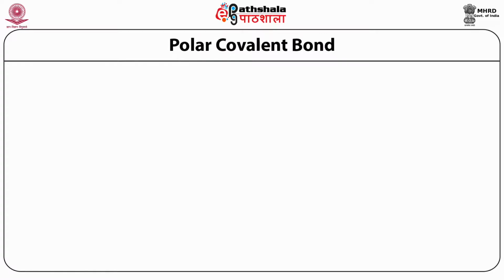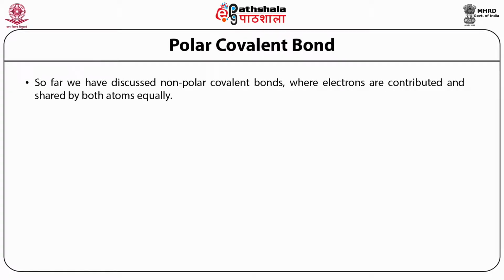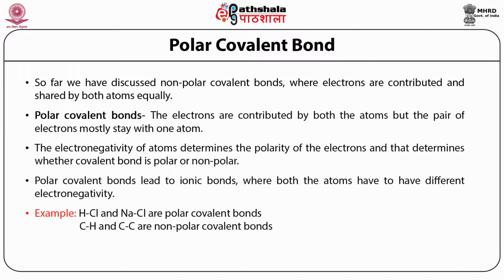Polar covalent bond. So far what we have seen is where electrons are donated by two atoms and shared by two atoms. But polar covalent bonds are similar to covalent bonds, where electrons are contributed by both atoms, but these electrons are majorly shared by one atom, and that becomes the electronegative atom, and the one which gives the electron becomes the electropositive atom.